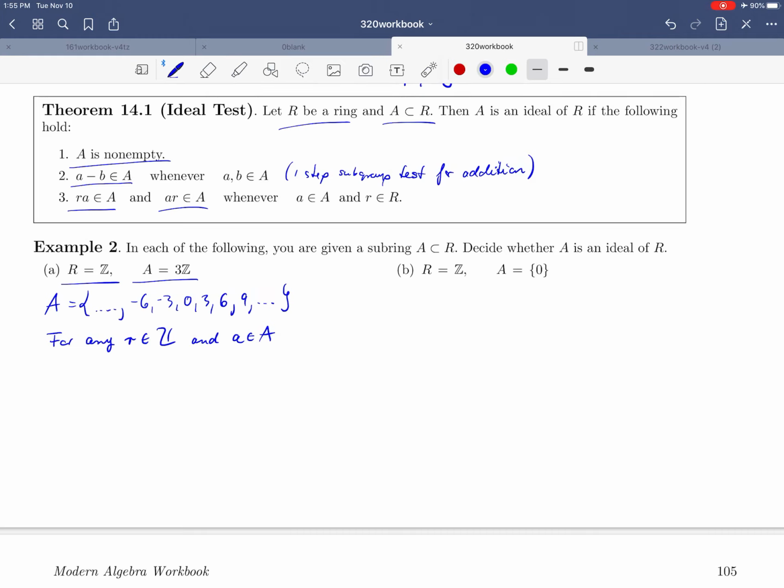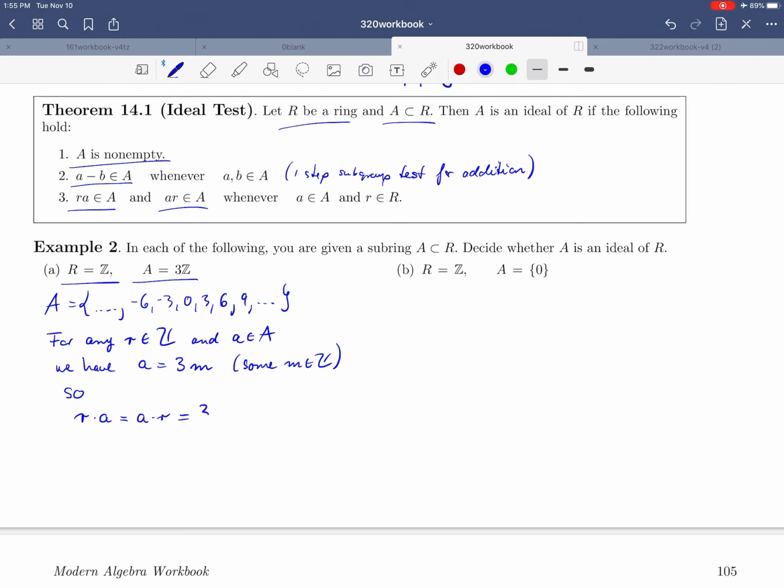So A has to be a multiple of 3, so let's say it's equal to 3 times M for some M in Z. Then what does the product look like? R times A is equal to A times R because we are in the integers, so we can do both of those together.